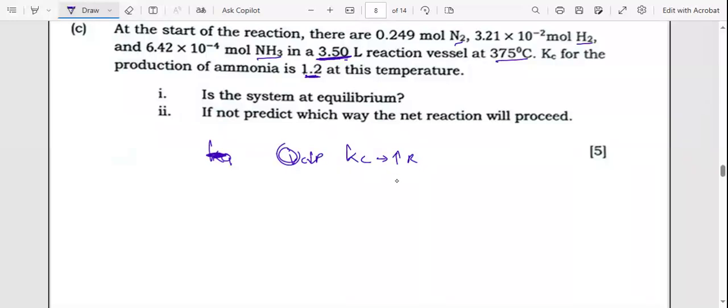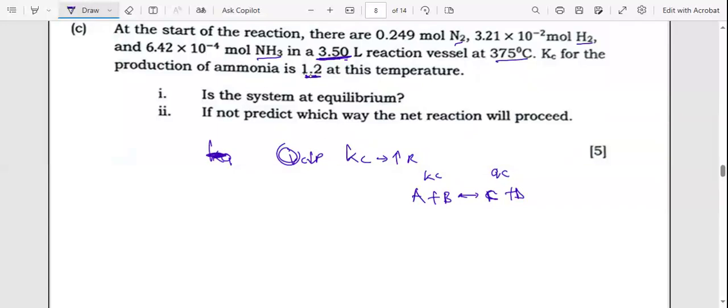But Qc relates more to product. So I said relate Qc to the product, then Kc to the reactant, like this.